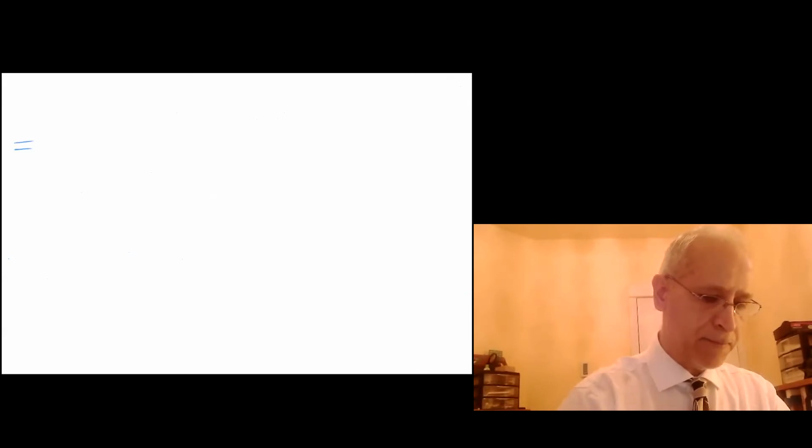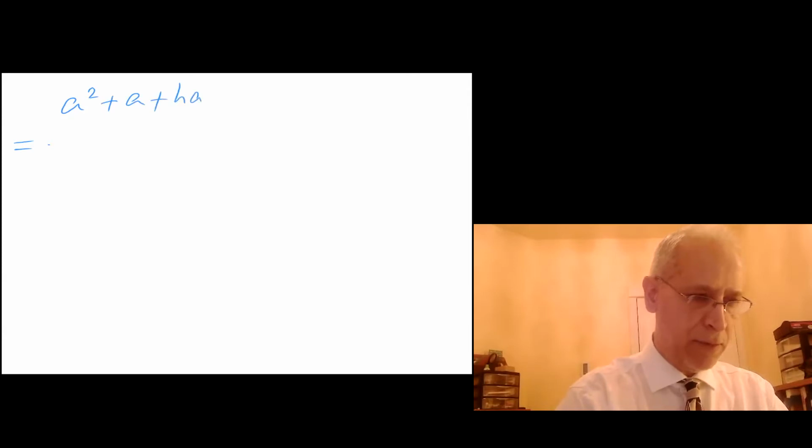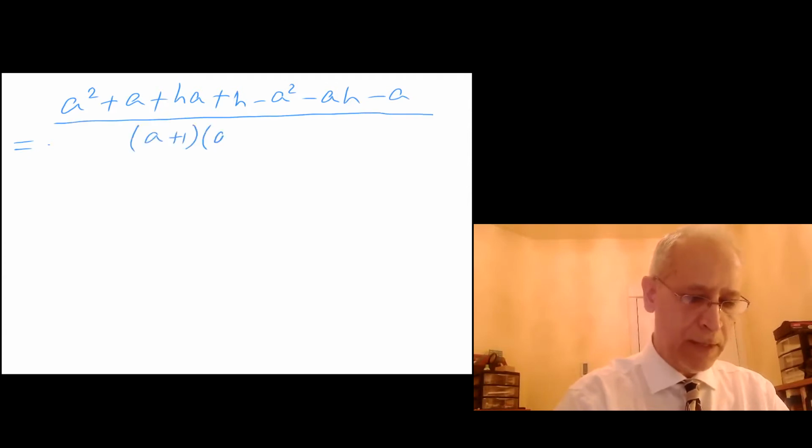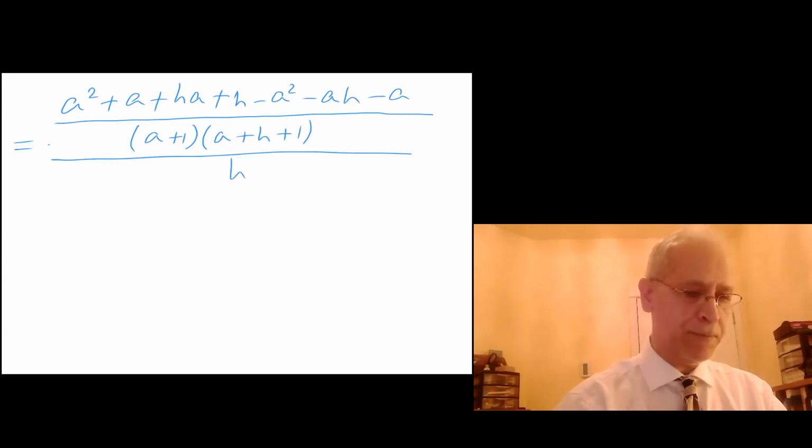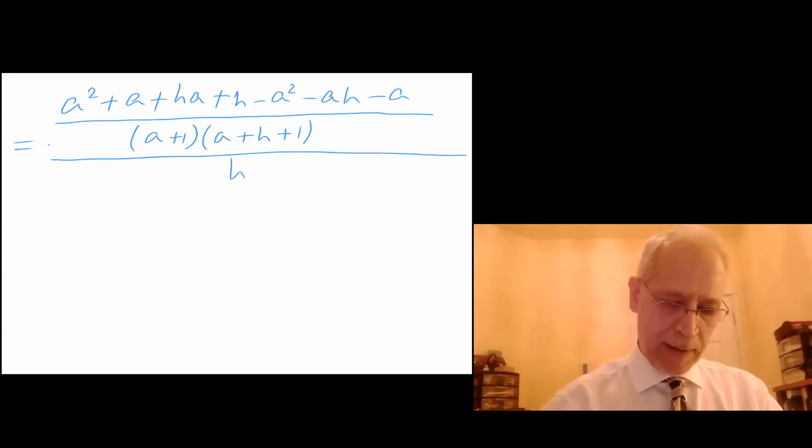This equals a to the second plus a plus h times a plus h minus a to the second minus ah minus a all over my LCD. That was a plus 1, a plus h plus 1, and all that over h. Let's see.